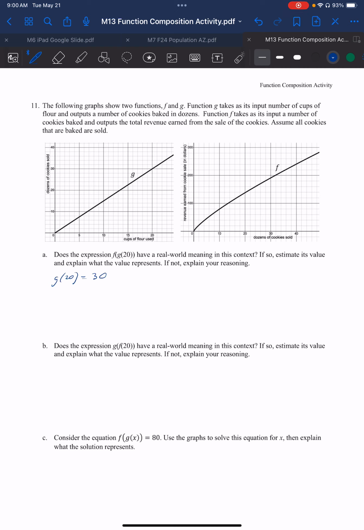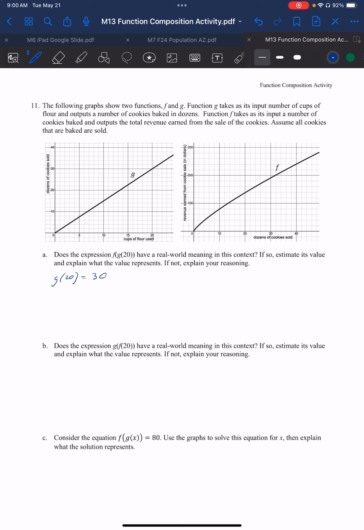And then we need to look at the context here. This tells us when I have 20 cups of flour, I make about 30 dozen cookies. If I take 30 dozen cookies, I make a certain amount of money. And so yes, it does make sense in this context.